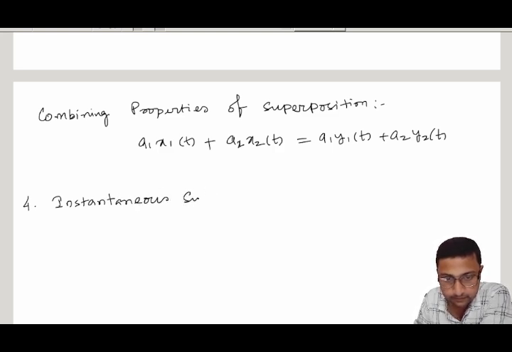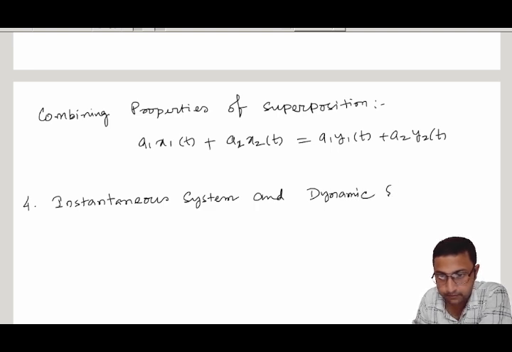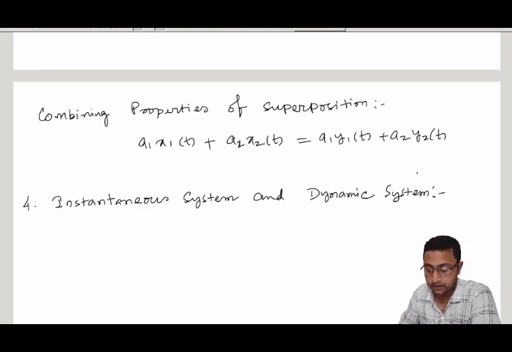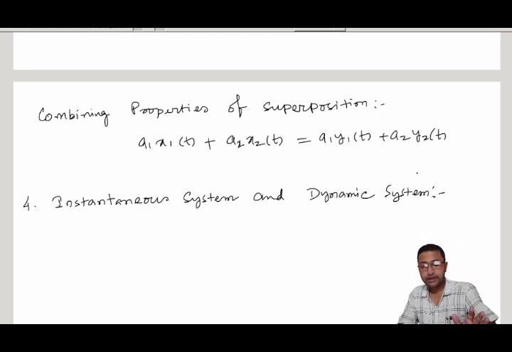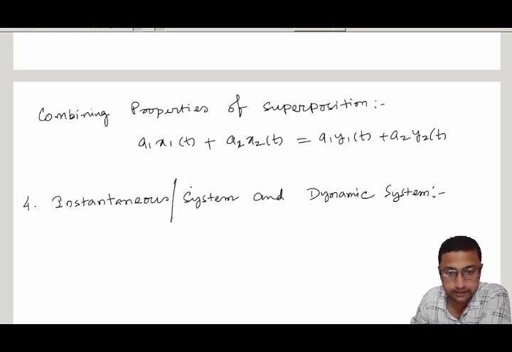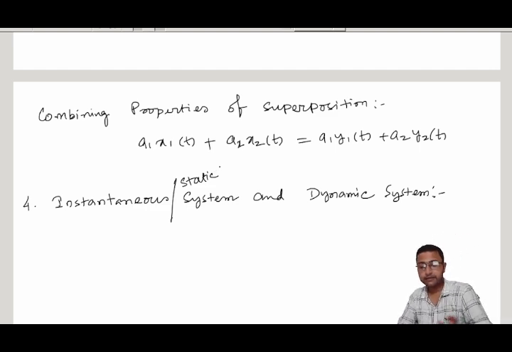An instantaneous system, also called a static system, is a system where the output at any specific time depends on the input at that time only.